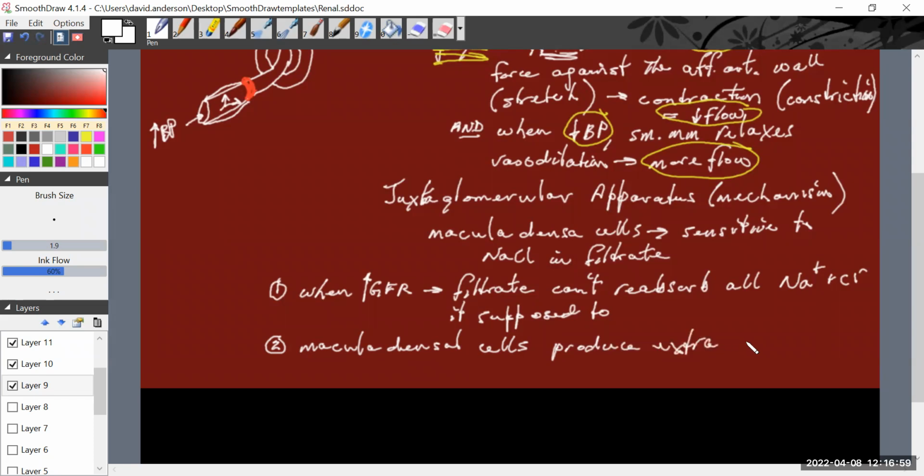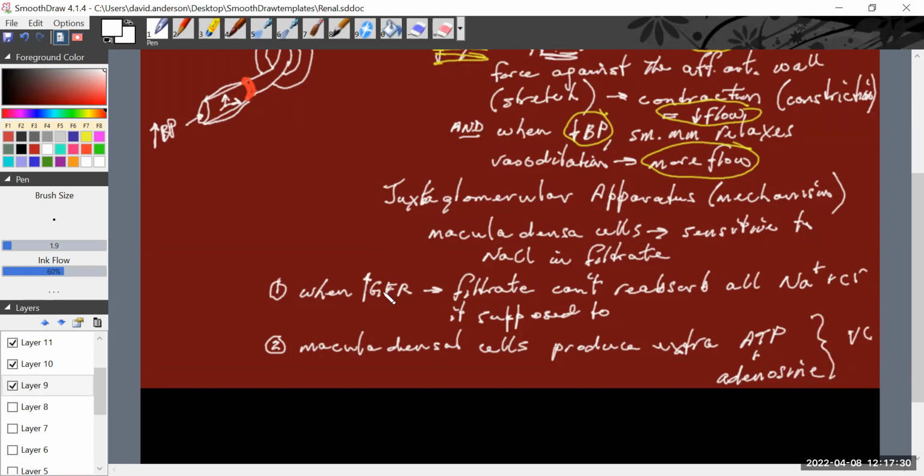And they start to produce some extra ATP. And when you break ATP down to ADP, you're going to release some adenosine. And so we're going to get another chemical, adenosine. These two things together, the adenosine and the ATP, promote vasoconstriction.